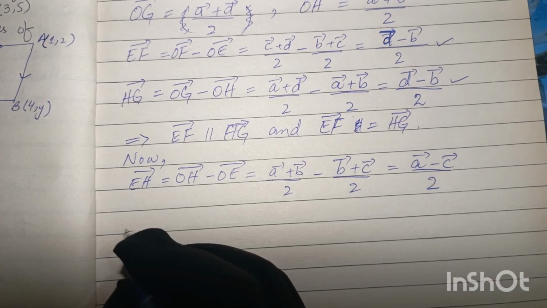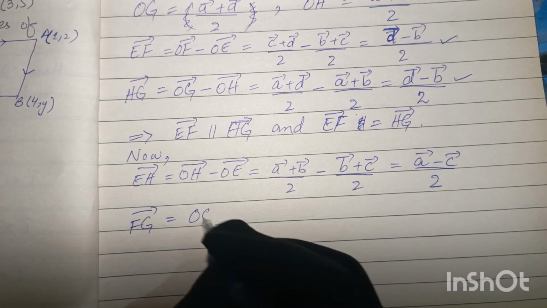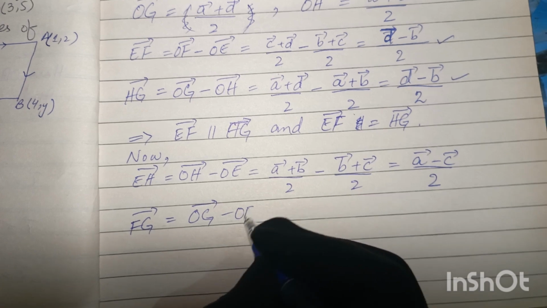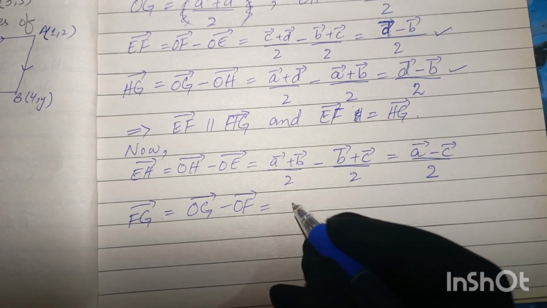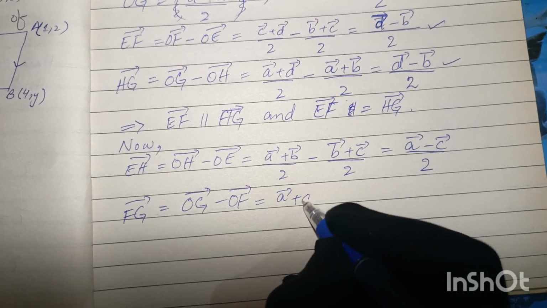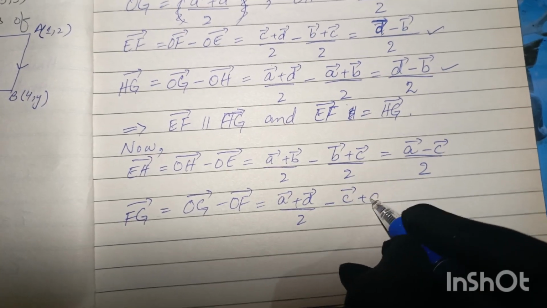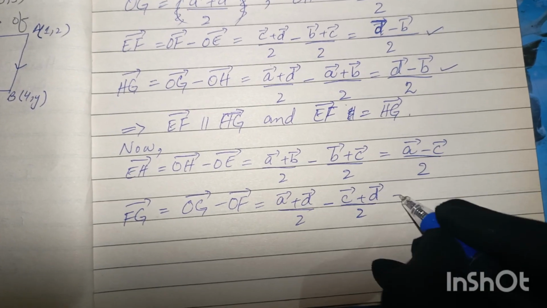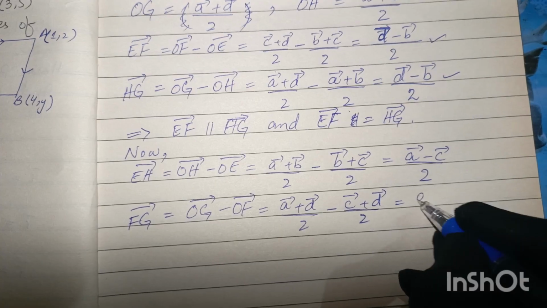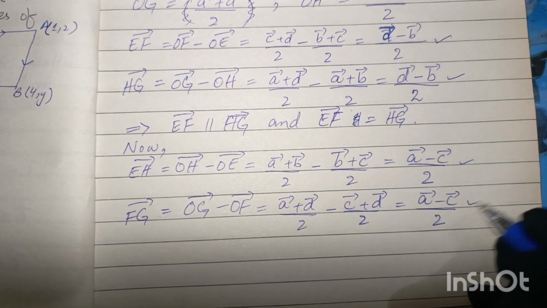And the last side is FG, which is equal to OG minus OF, (A plus D) divided by 2 minus (C plus D) divided by 2. So (A minus C) divided by 2 will be the final answer, which is the same as this.